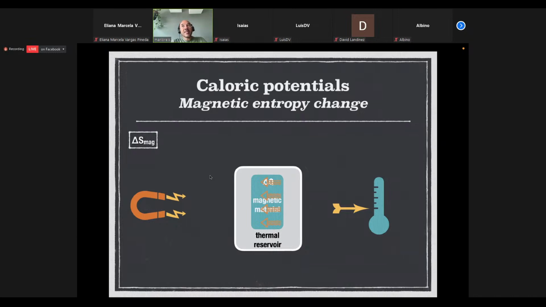Considering the lattice entropy does not depend on the magnetic field, this total entropy change will be, for this case, the same as the magnetic entropy change. So, the quantity that characterizes the amount of heat exchanged is the magnetic entropy change, or the isothermal entropy change, as can also be said.